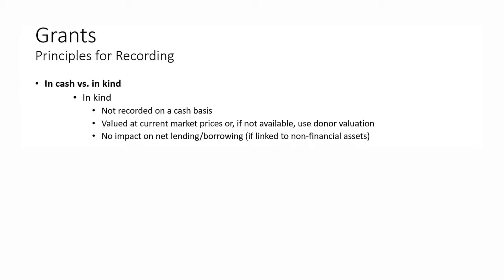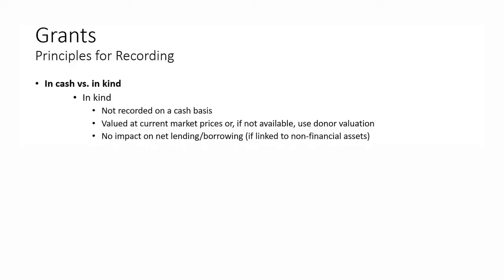Here are some principles for recording. There are cash grants and income in kind grants. Sometimes an international organization donates a school and they bring in the bricks and the employees, so there is no cash here. So these are called in-kind grants. They are not recorded on a cash basis, but nevertheless they have to be recorded.